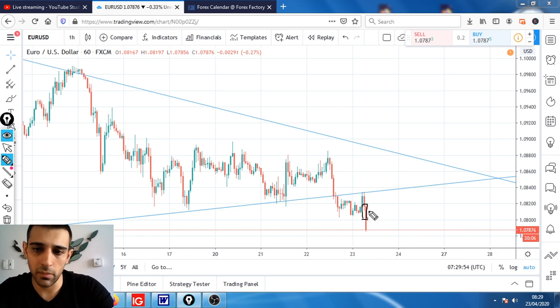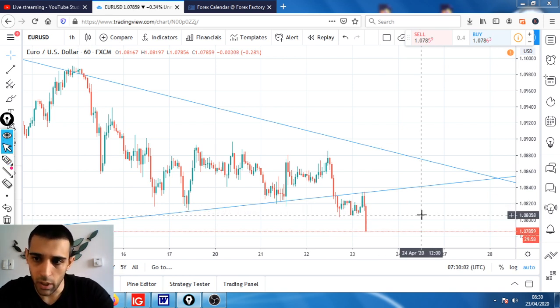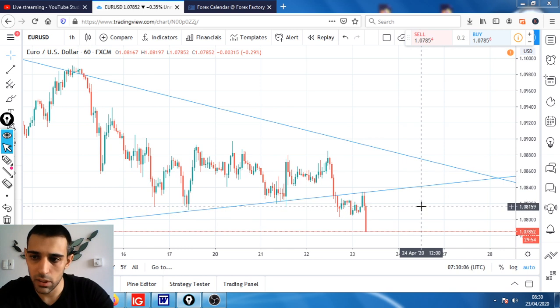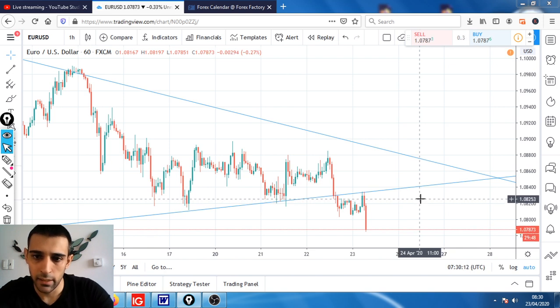But if it comes up as a hammer or doji, then I won't be interested in that trade. So our entry is 108.05. The stop loss, let's see. We would probably need a 25 pip stop loss on this one.